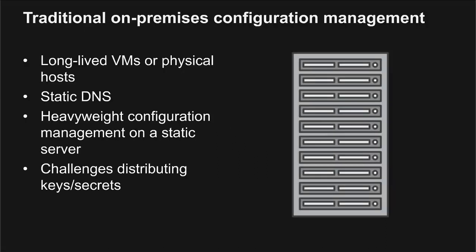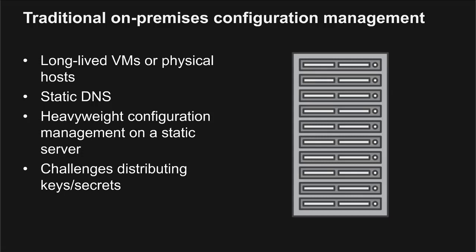So let's take a look at how traditional on-premise configuration management works. You typically have either long-lived physical servers or virtual machines. These machines, because they're around all the time, you're deploying to them, so you're usually replacing the code and apps in place instead of building new images all the time.